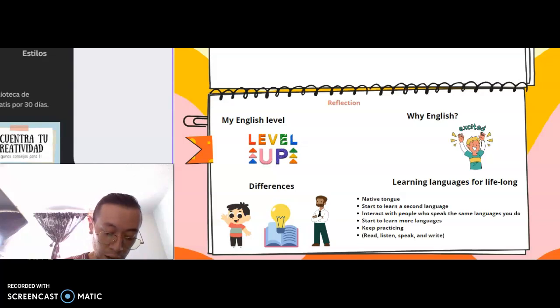Okay. How long should you study a foreign language? It's a lifelong activity, because you're going to be learning every time. So since you started to learn a foreign language in a school, or maybe in an institute, or maybe in college, you are going to keep practicing and learning.